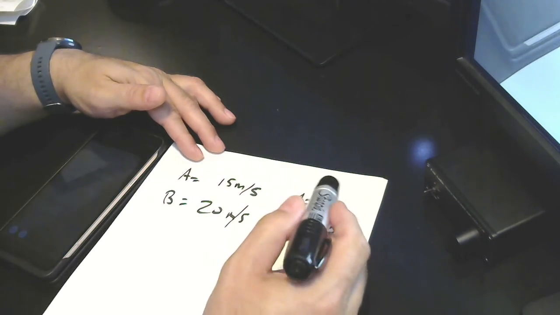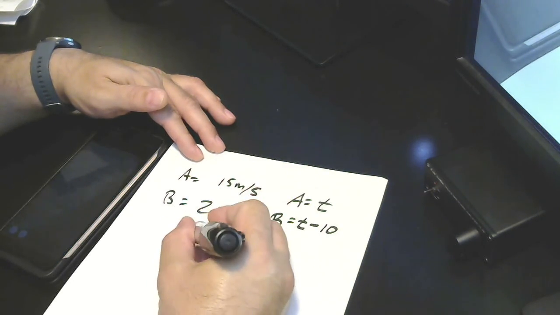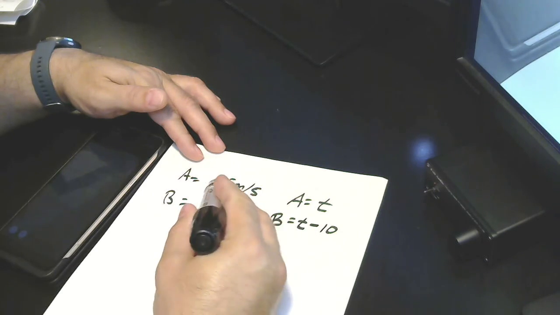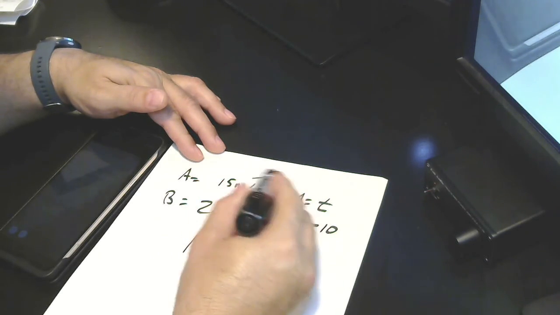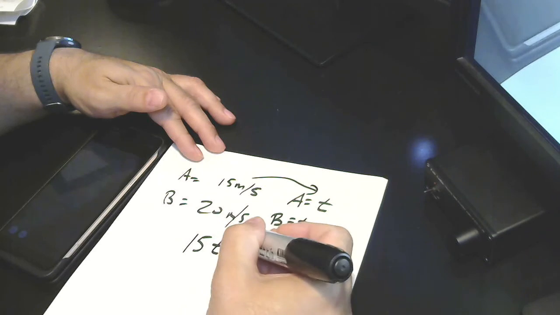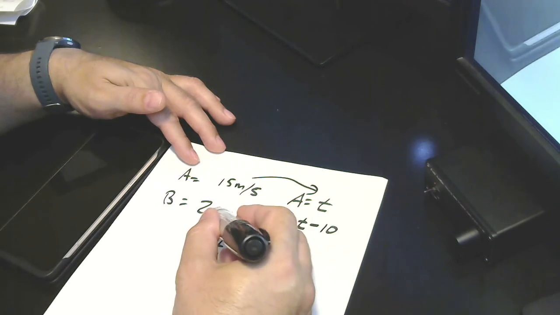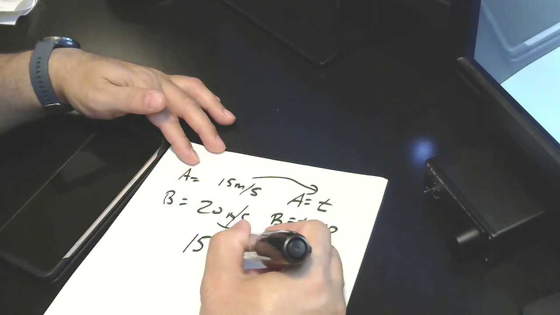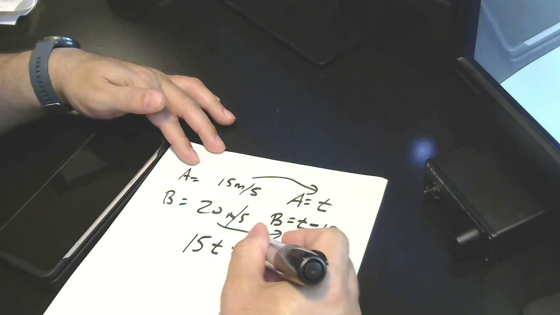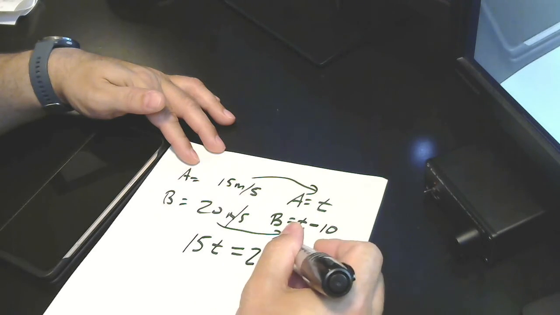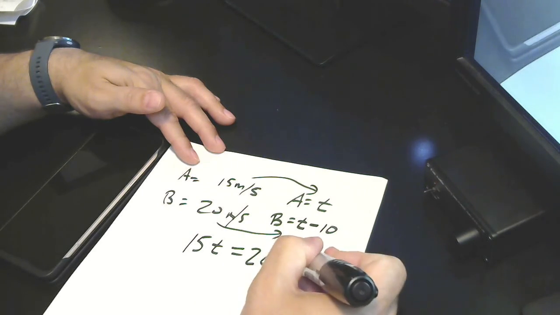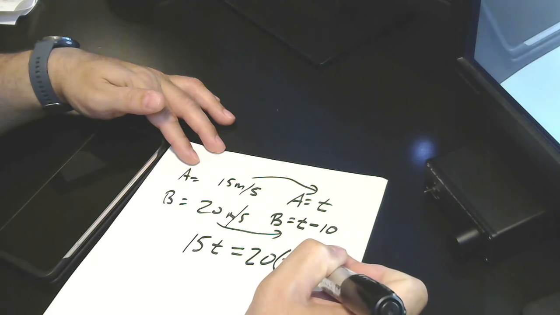So by doing this, we could say, when is car A at 15 meters per second, which is 15t, going to be equal to car B, which is 20 times t minus 10?